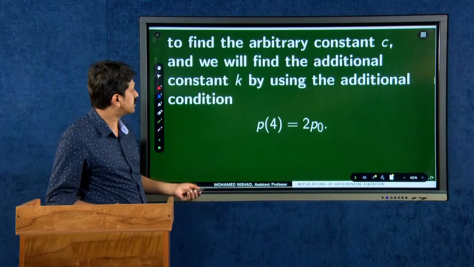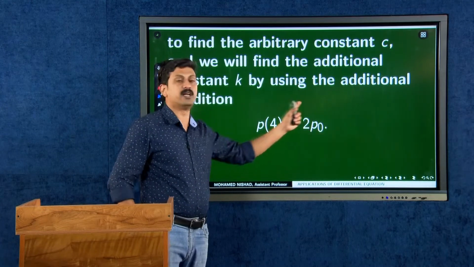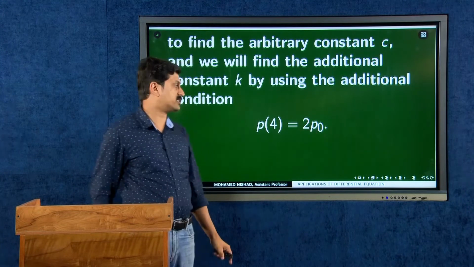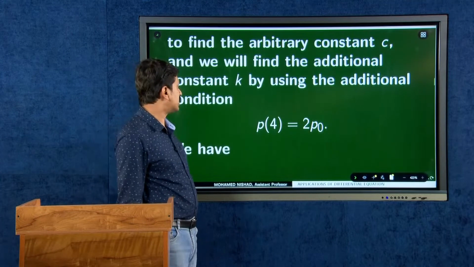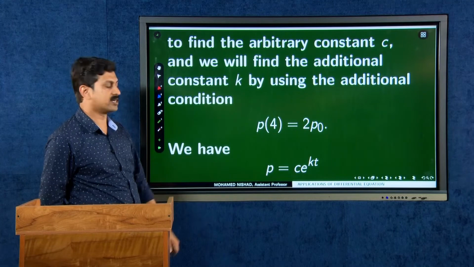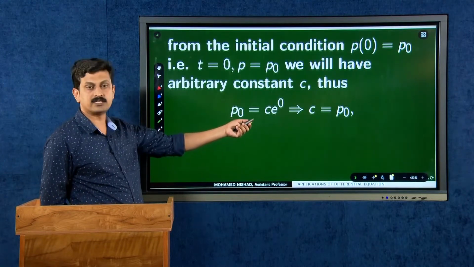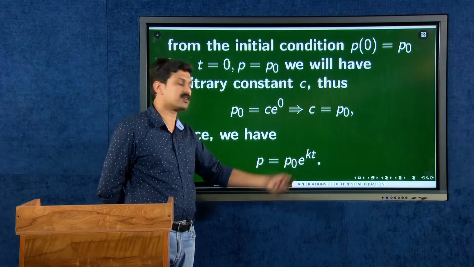We have an additional condition that after 4 days it will double from the initial culture. The initial culture is P naught, therefore P of 4 is equal to 2 P naught. So P is equal to c e raised to k t, and while evaluating we can find the value of c, which is equal to P naught. So we rewrote this equation as P is equal to P naught e raised to k t.